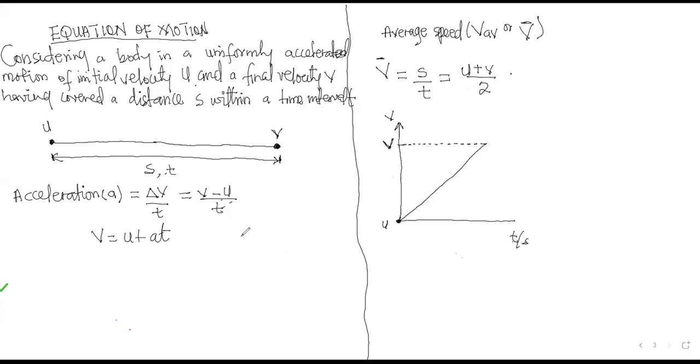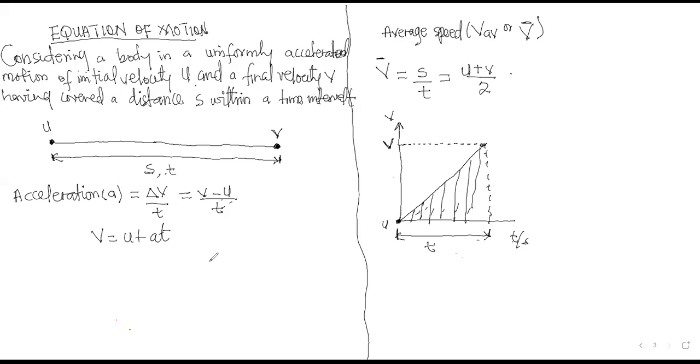So for a uniformly accelerated motion, either total distance, which is the area under the graph, over the total time taken from here to here, or initial velocity plus final velocity divided by 2. These are all ways of determining average velocity.